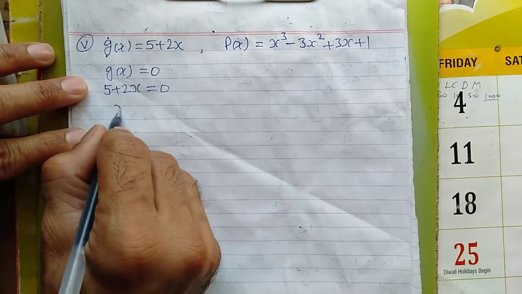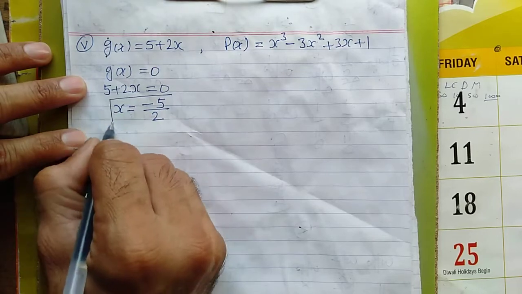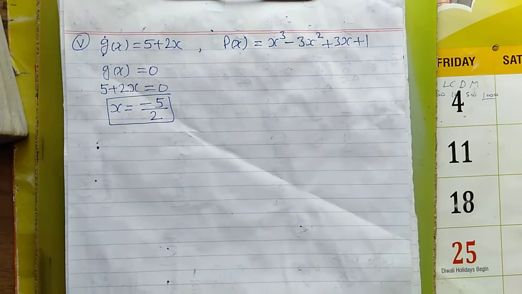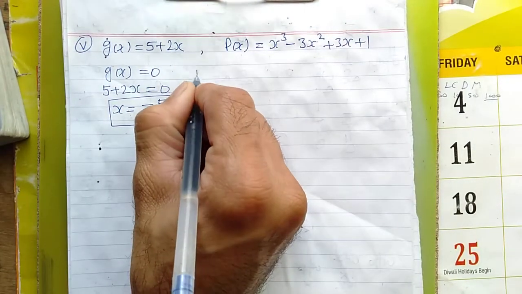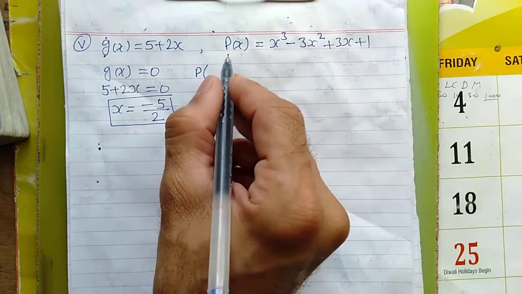So by transposing, x will be equal to minus 5 upon 2. So we have to put this value here in the polynomial. Now see, let's put the value p, and the value of x is here minus 5 upon 2.